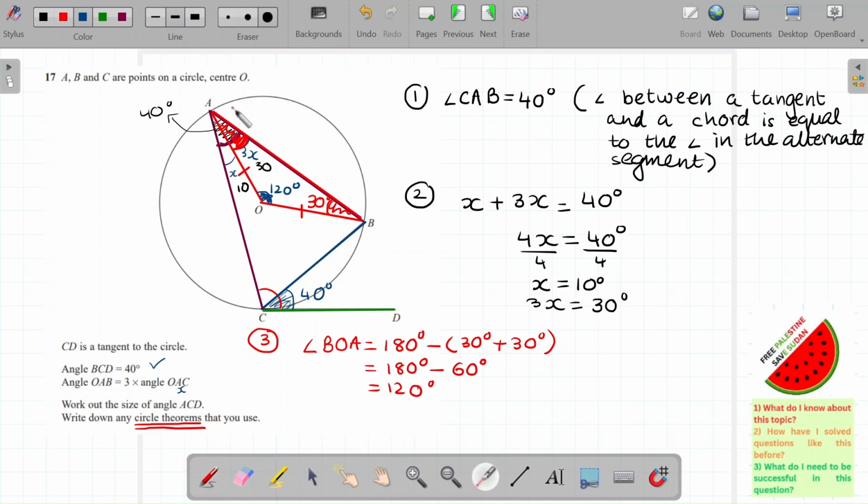There is a circle theorem relating to angle at the center, and that is angle at the center is double the angle at the circumference. So I showed you how to recognize the angle at the center. You find two radii, and where they meet, that's the angle at the center.